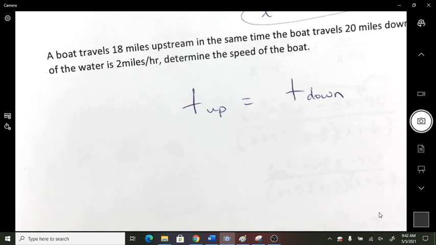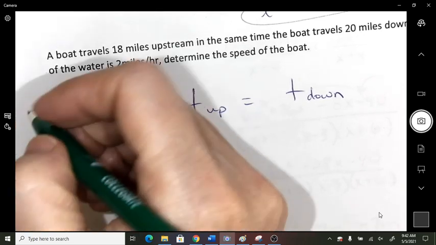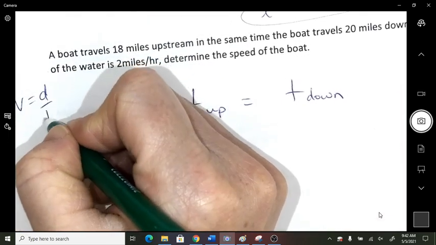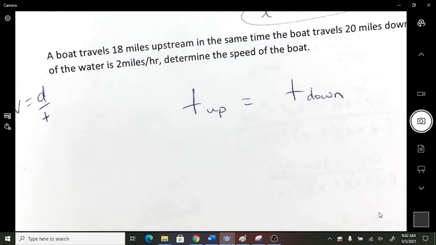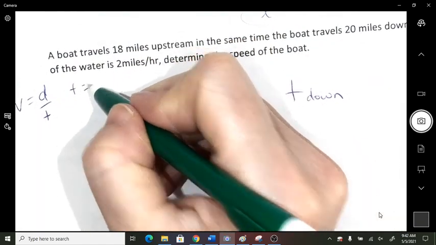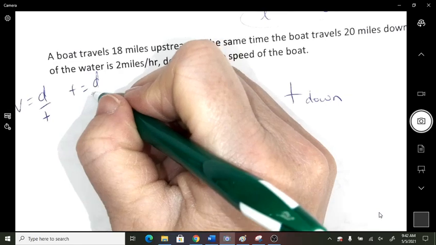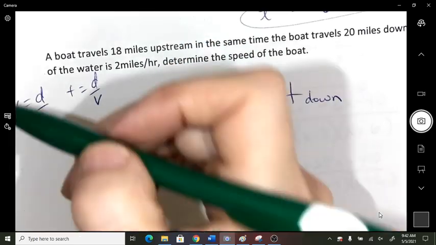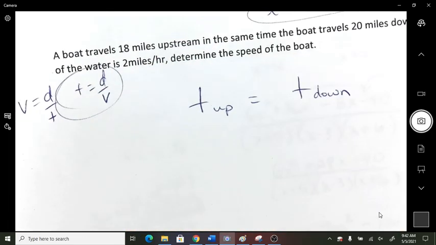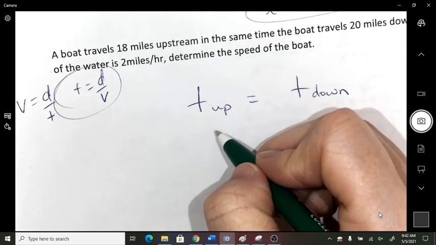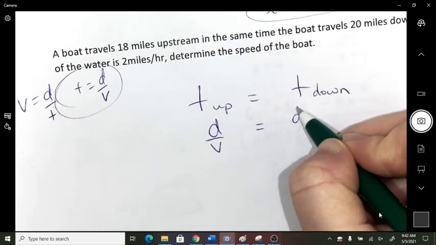Okay, in that maneuvering of the velocity formula, what is the time? What do you want to do here? Time is equal to distance over velocity? Okay, so that's what I'm going to do, distance over velocity.